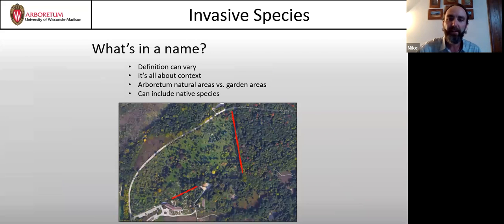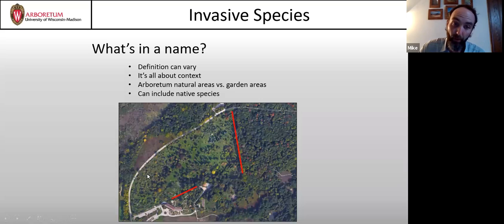And at the Arboretum, one defining characteristic is looking at what's an invasive species or an undesirable species in our gardens, especially our horticultural gardens, versus our natural areas. And so here is our 35-acre tree and shrub collection, and then some kind of imaginary lines that I've drawn in that delineate that boundary.